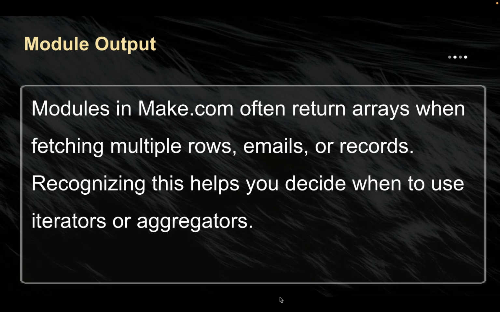Getting multiple entries means that the module is going to return an array for you. This array can then be used in another module by mapping each item of that array to a specific module, or using all the array output in another module, as the case may be.